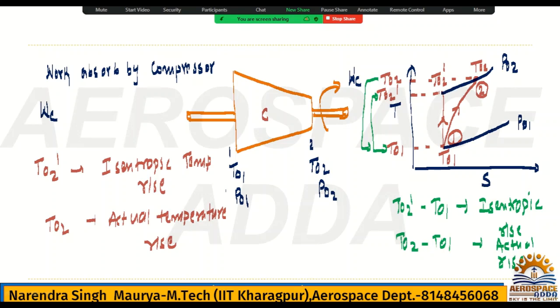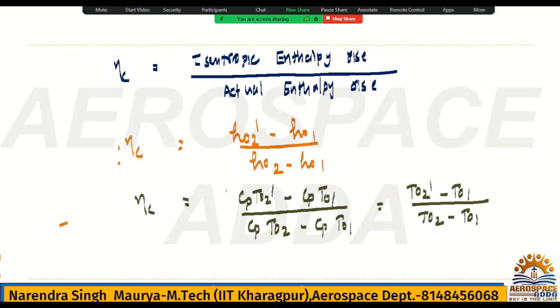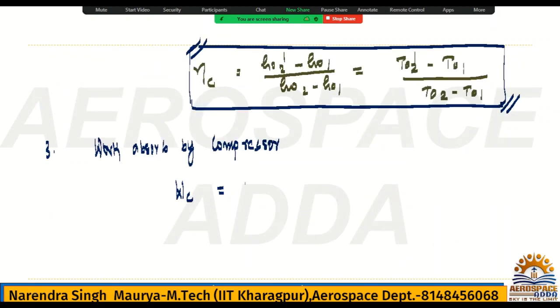T naught 2 is higher than T naught 1, because you are going to write the actual work, not the isentropic work. So what is the actual work? It will be m Cp delta T, right? This is the thermodynamics relation, and you might have seen that work calculation in the heat and work chapter.